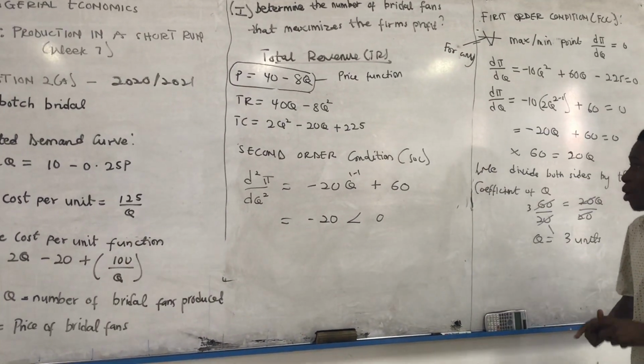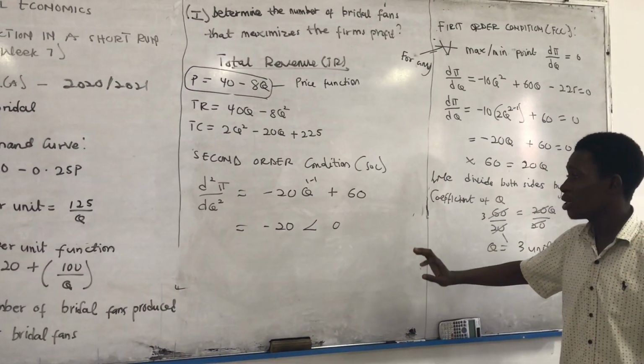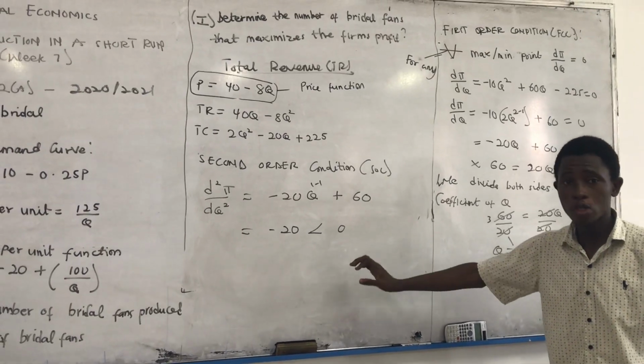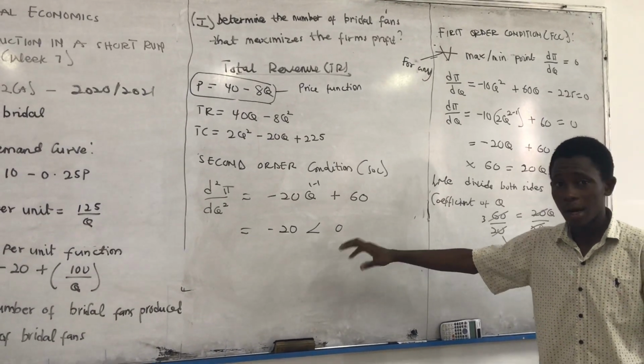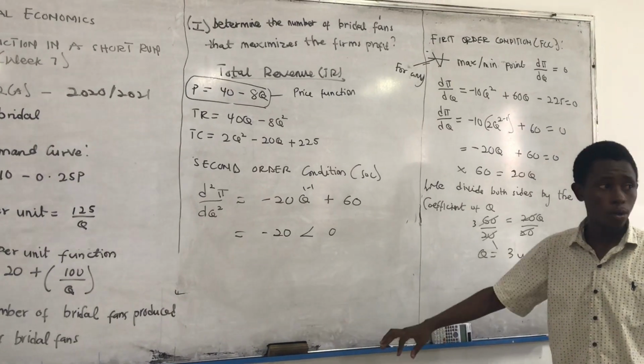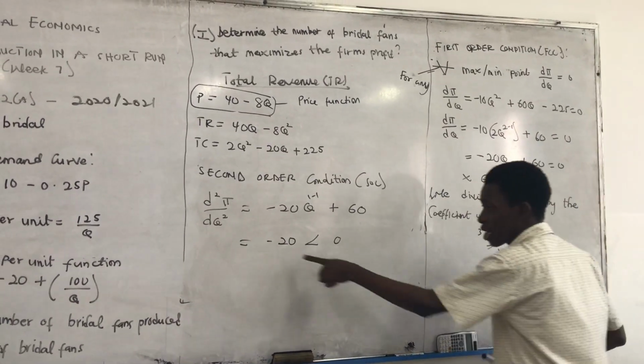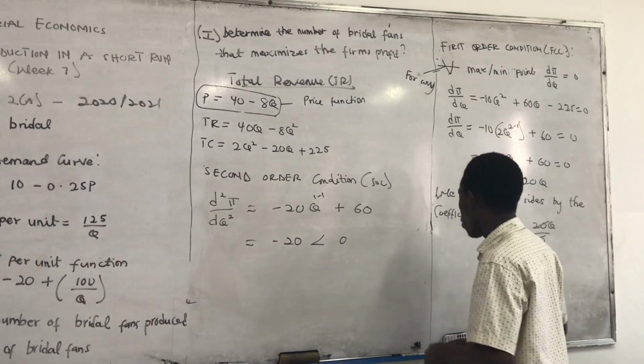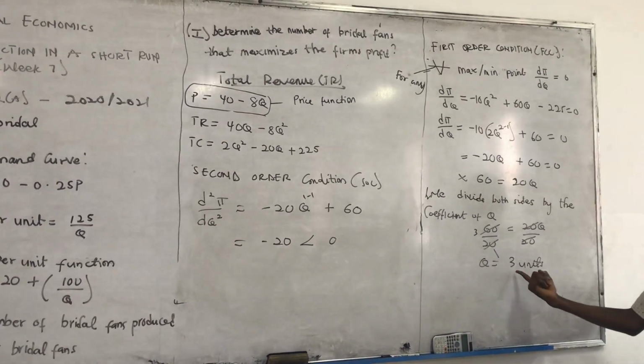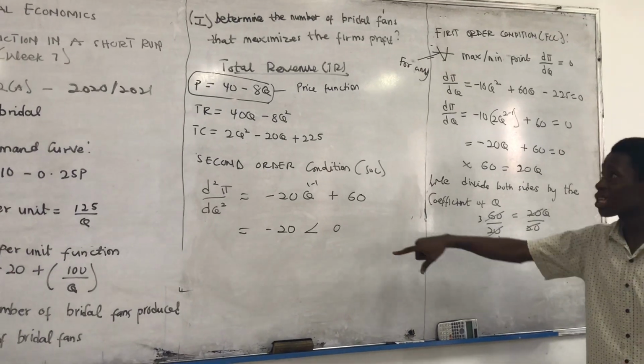So the second order condition says that when your answer is less than 0, you are going to maximize profit. If your number is greater than 0, then it's a minimum, minimized profit. So negative 20 is less than 0. Therefore, the quantity of 3 units is going to maximize profit.